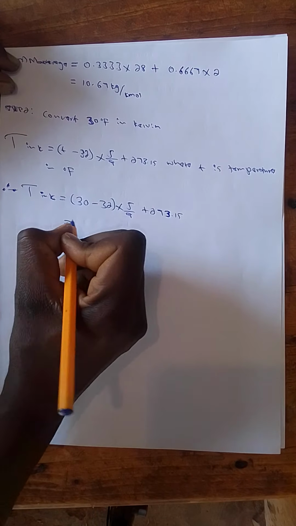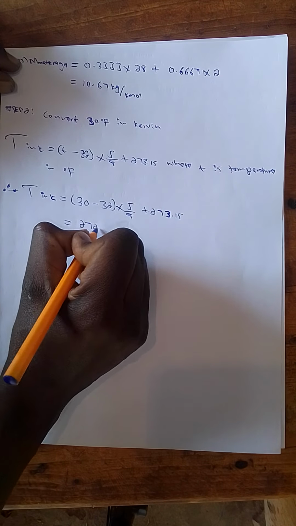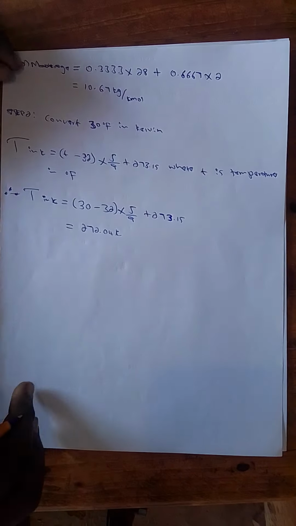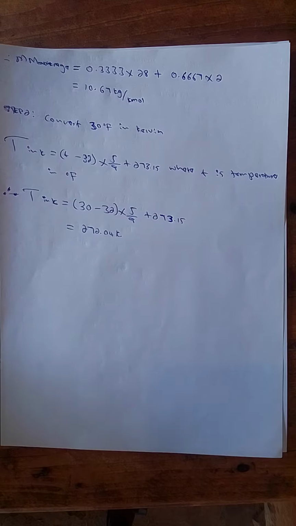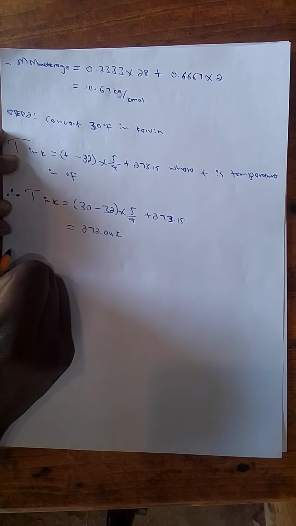If you use your calculator, that gives you 272.04 Kelvin. So now we have managed to convert the 30 degrees Fahrenheit into Kelvin. This wraps up our step 2, and it takes us to our step 3.